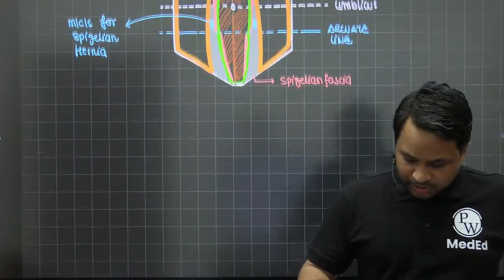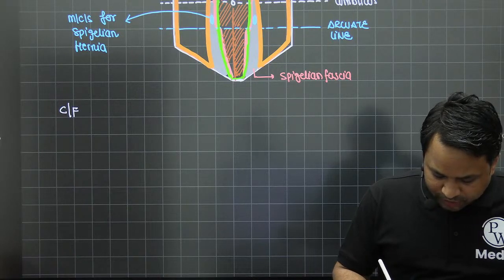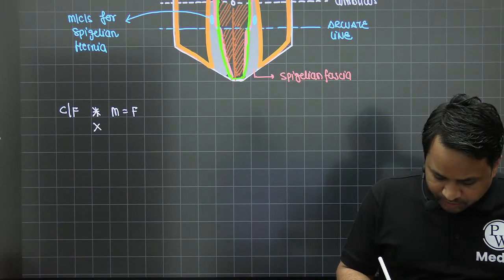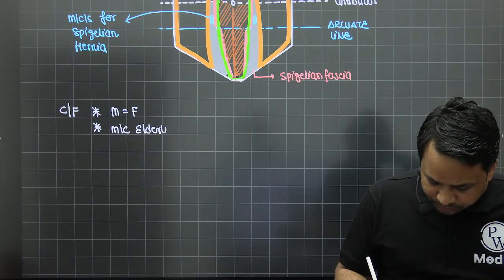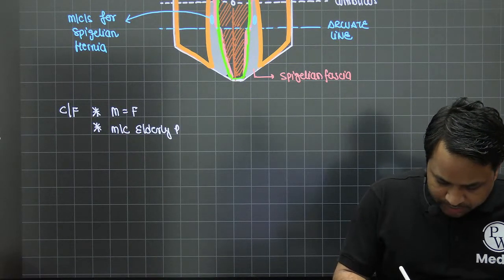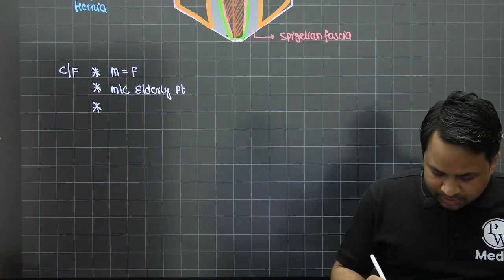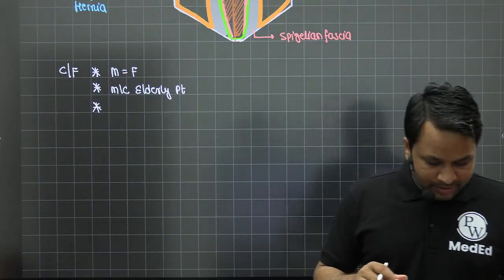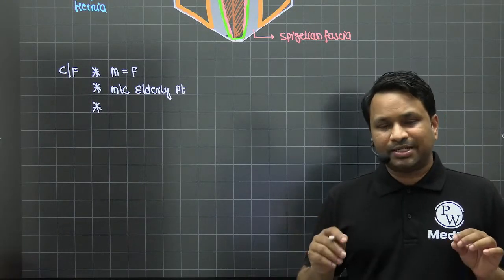So when you talk about the clinical presentation, let's quickly wrap it up. Clinical presentation of the Spigelian hernias: it is seen equally in both males and females. It is more common in elderly patients. Presenting with swelling is not a very common presentation, but it is going to present with pain at least.